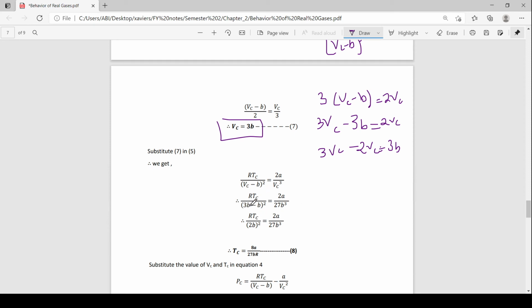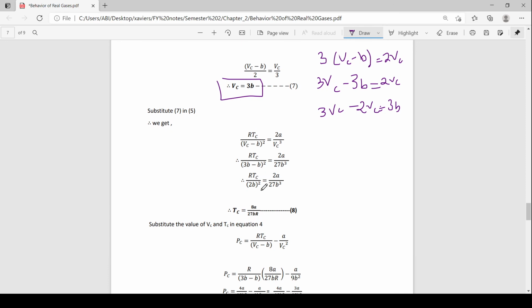Now 3b minus b will give you 2b. So 2a. Now I'm rearranging these terms, okay. So what I get is RTC is equals to 2a into 2b the whole square, correct, divided by 27b cube.